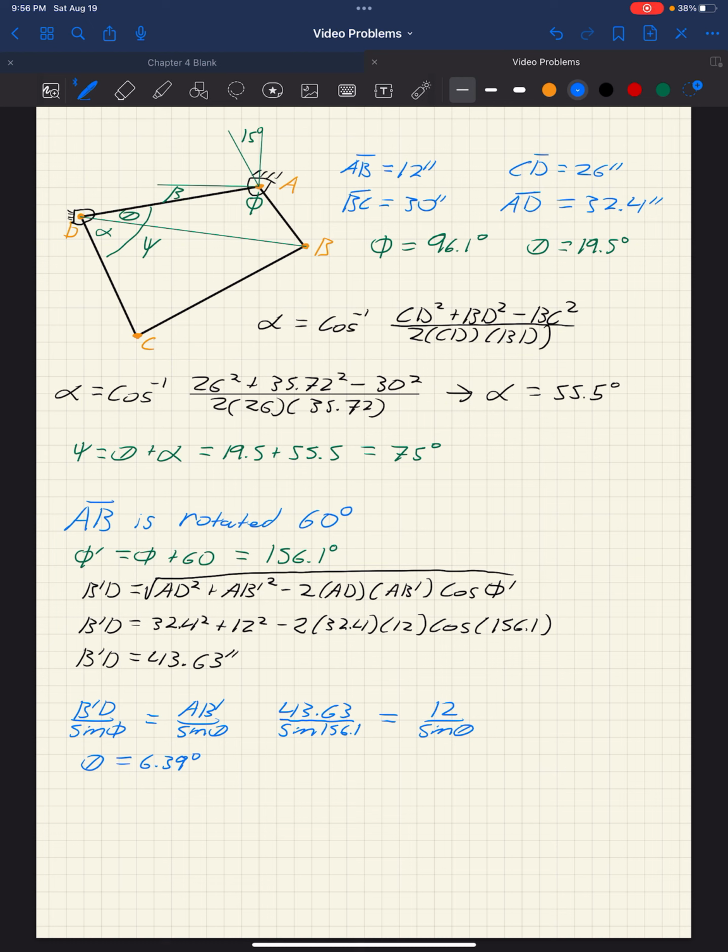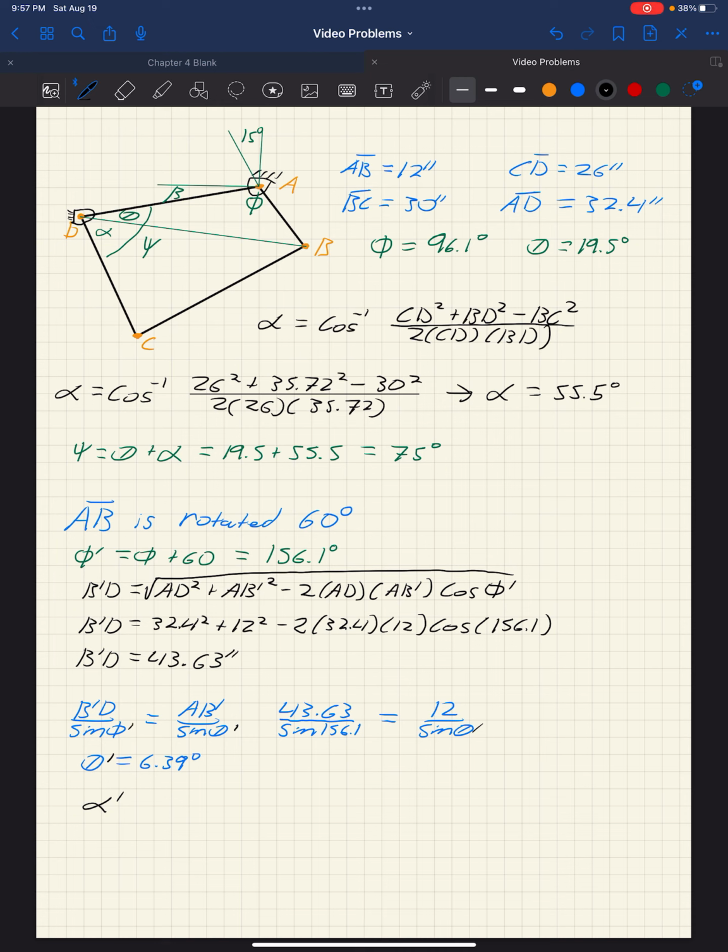Okay, next step will be solving for alpha. And alpha is again just shifting around our law of cosines. So alpha prime, again, this is theta prime, phi prime.